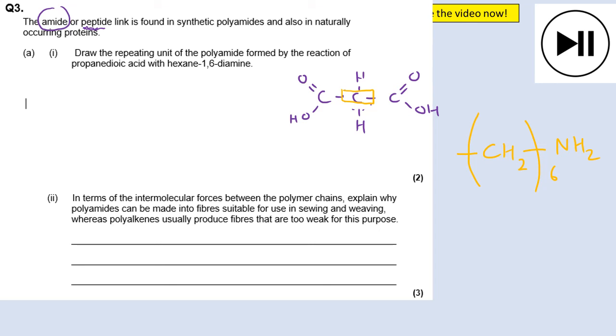Actually, it's probably a better idea if I put 4 in the middle and then actually show the amine group at the end. Either or, actually, I could have left it as 6, but I've changed it now, so I'll leave it.